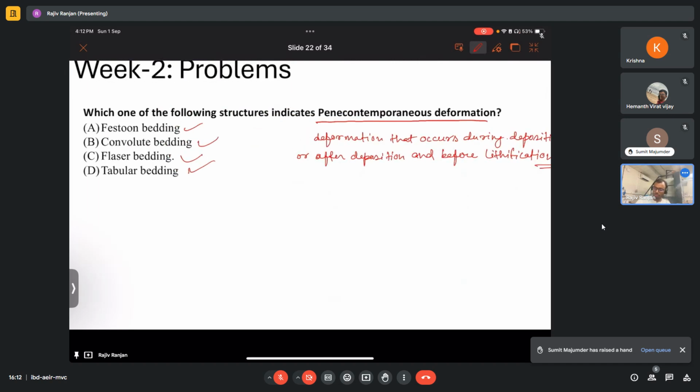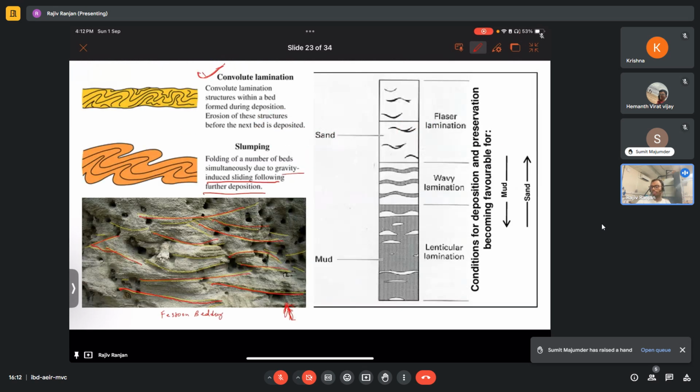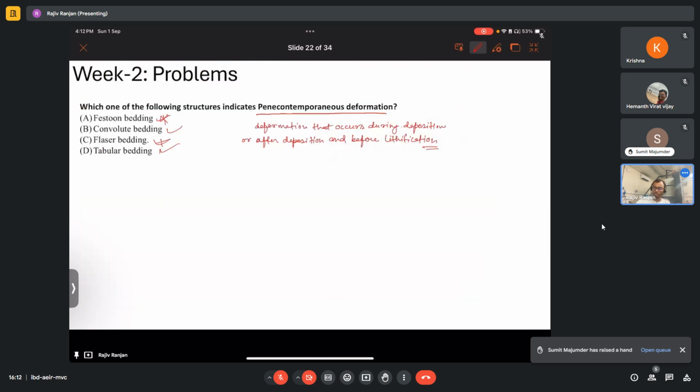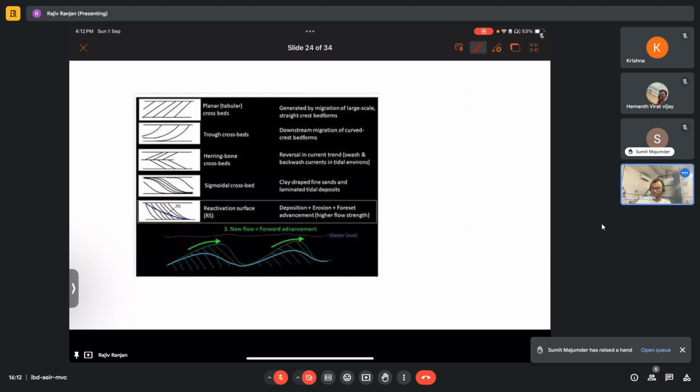So festoon does not indicate penecontemporaneous. Flaser bedding, if you see, is not a part of penecontemporaneous structures or deformations. Tabular beddings, I will just show you in another slide.